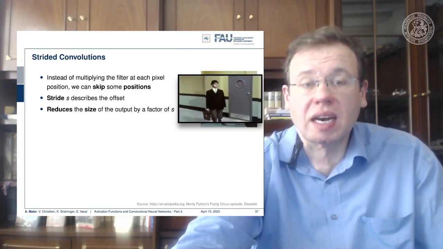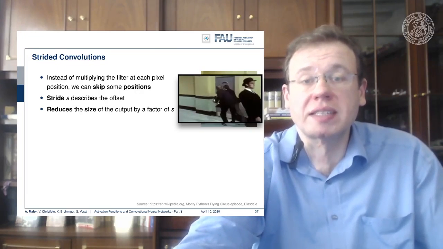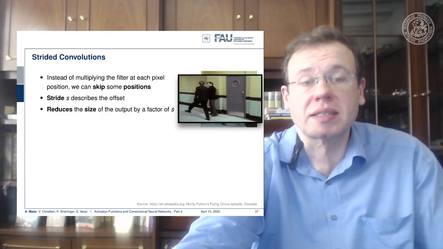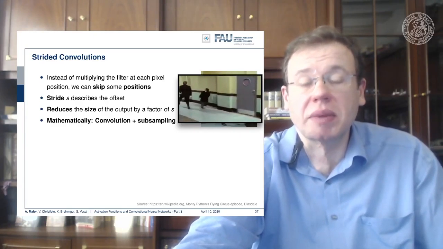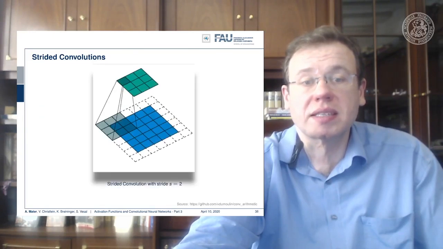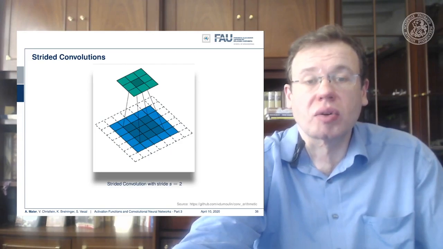So this reduces the size of the output by a factor of S because we're skipping so many steps. And mathematically, this is simply convolution and subsampling at the same time. And we have this small animation here in order to show you how this is being implemented with stride 2.